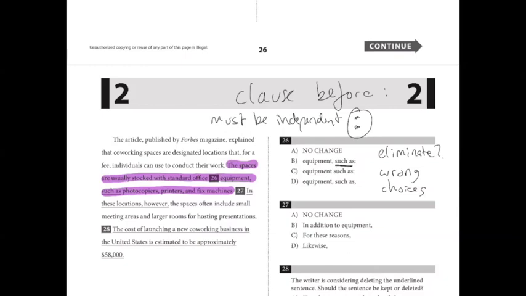Is "such as" an independent clause? It's not an independent clause, my friends. B is not the right answer. Oh, I see 55% of you said B. B is not the right answer. "Such as" is not independent.